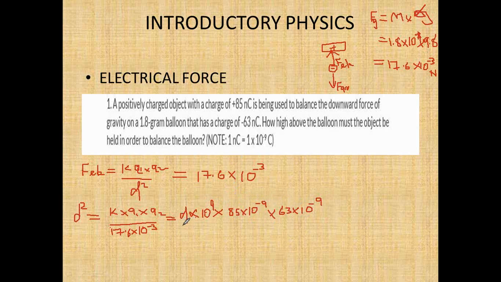And you're still going to divide by 17.6 times 10 to the minus 3.